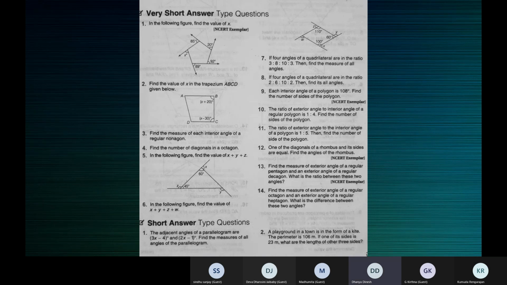Ma'am, using the property, adjacent angles are supplementary. In a trapezium, adjacent angles are supplementary. All the adjacent angles? No. Adjacent angles are supplementary is not true in a trapezium. Not all adjacent angles are supplementary.